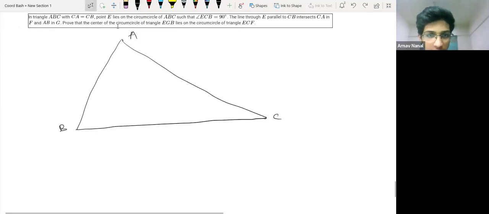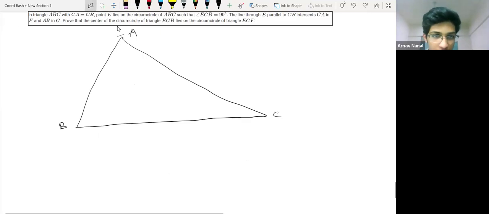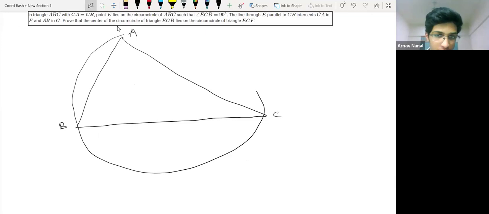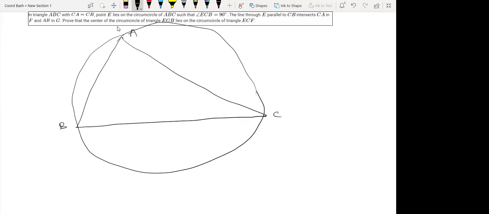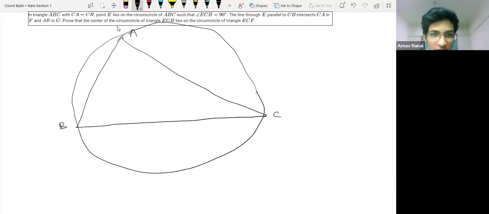Why did I draw it like this? Wait, could we have drawn C on top, or is there some setup advantage by drawing it like this? No, I'm just drawing a general figure. I'll redraw the figure according to the setup later, if that's okay. Yes, fine.